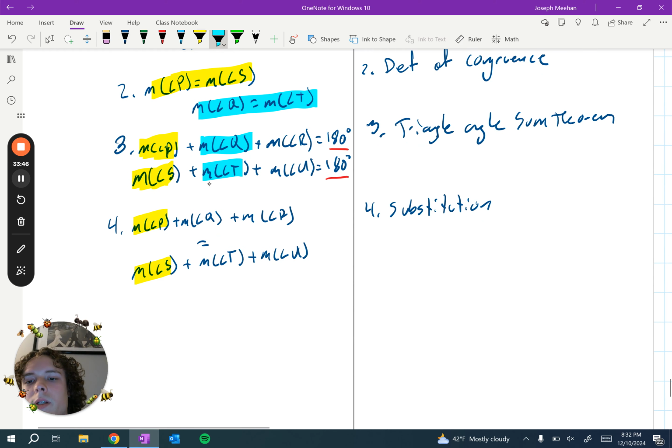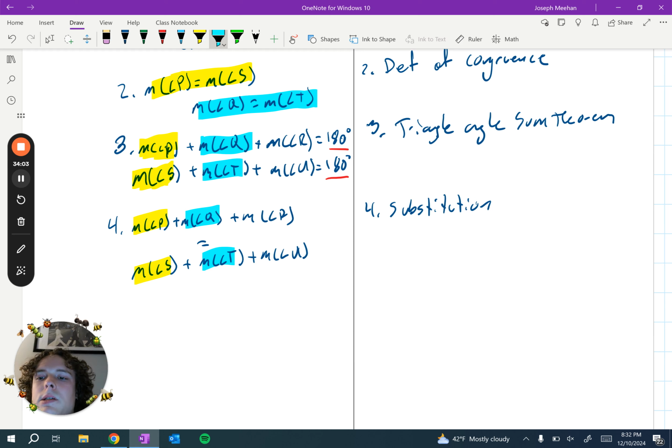And I'm going to keep my highlighted measures there as well, just because I think it's going to make it easy here. So imagine we have both sides of this equation. I've written them kind of awkwardly on top and bottom just to make it easy to fit in there. But imagine we have both sides, okay?